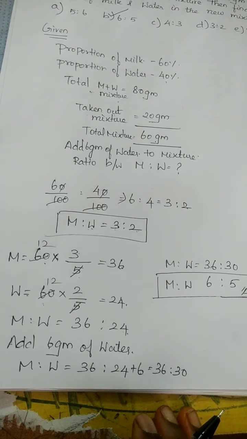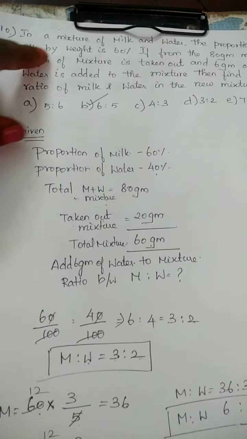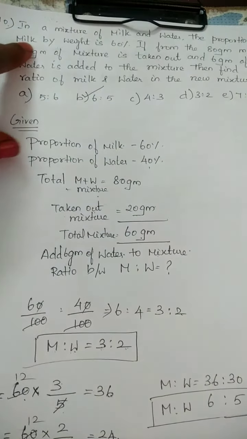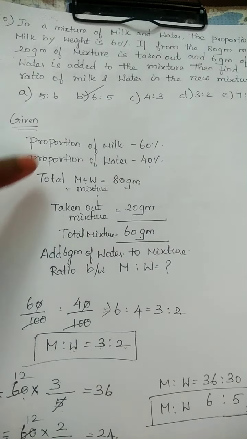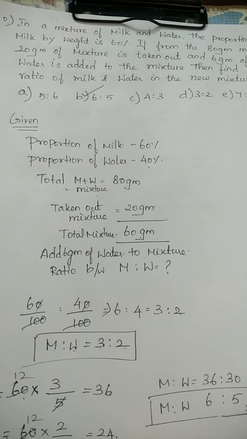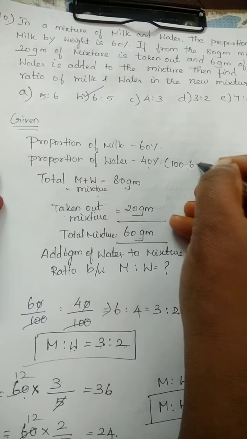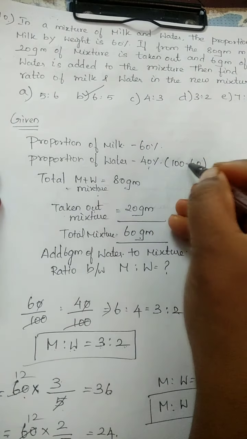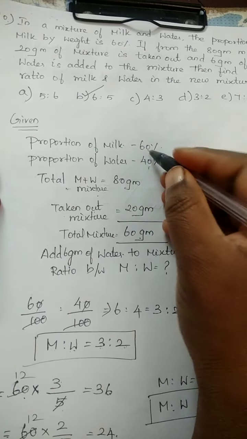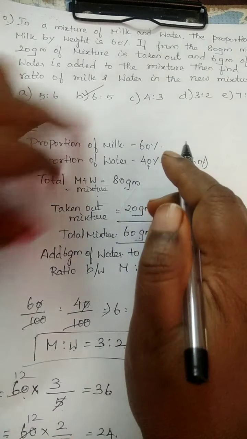In short, again I am explaining to you. In a mixture of milk and water, milk weight is 60%. So the proportion of milk is 60%. Automatically, what will the proportion of water be? 100 minus 60 gives 40%. Water is 40%.